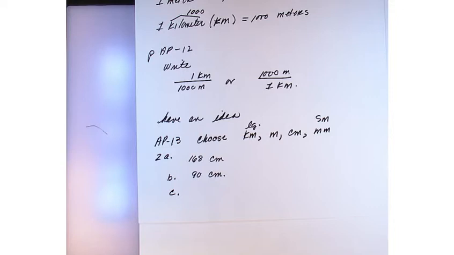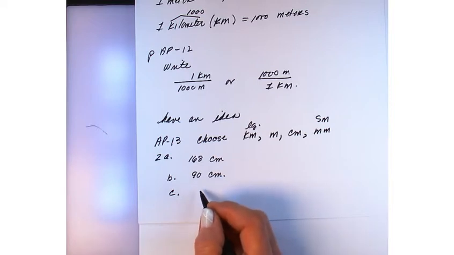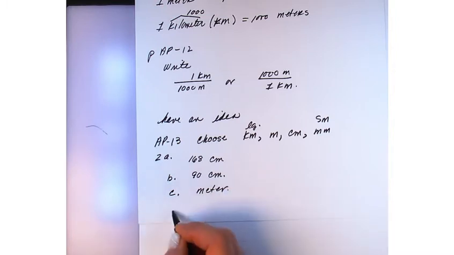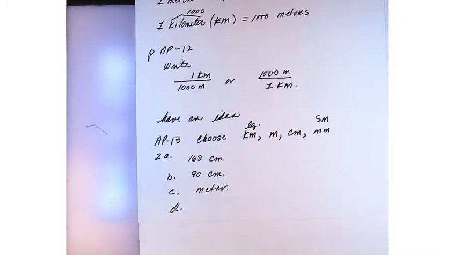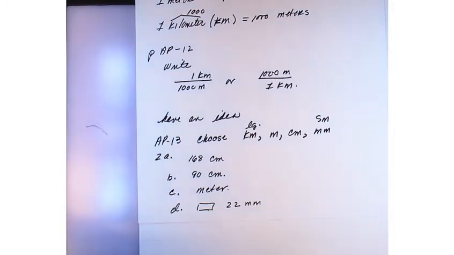If any of you did track in high school, that would be 100 meter dash. And looking at D, a postage stamp. A postage stamp is very tiny, so we're looking at 22 millimeters wide. Okay.